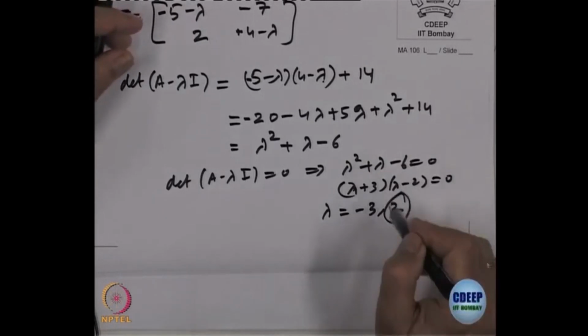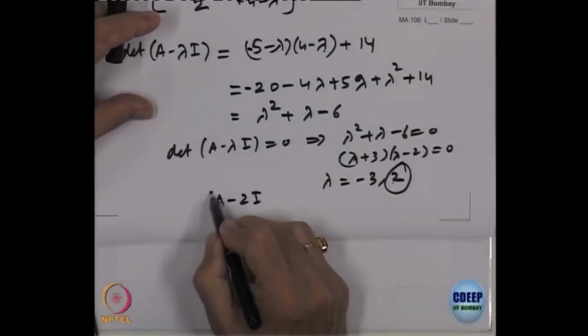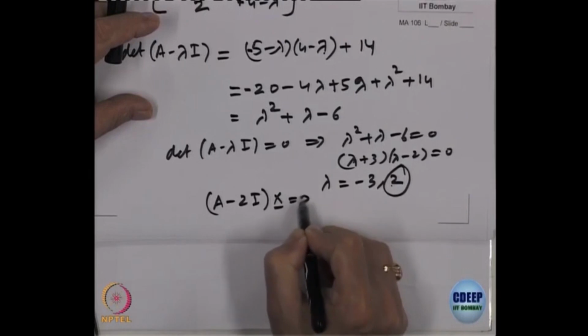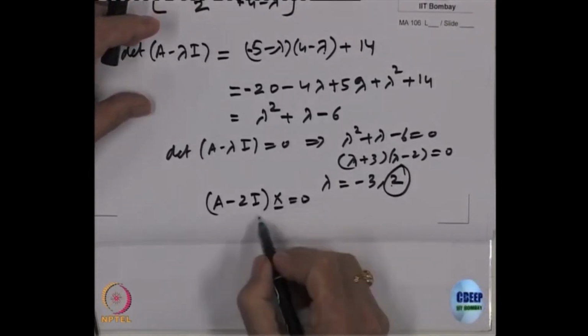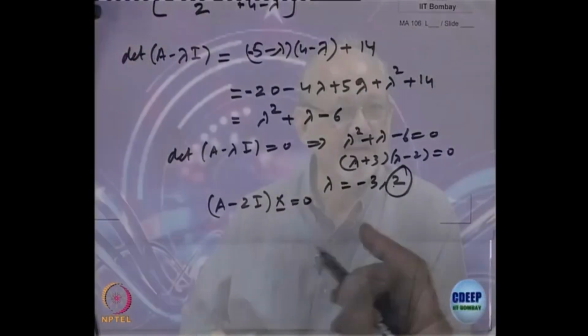And what I did for this scalar, we solved the system A minus 2I x is equal to 0. That is a homogeneous system, I can get a solution of that. That is how it gave me 1 and minus 1, right. So, let us do the same thing for the other one.